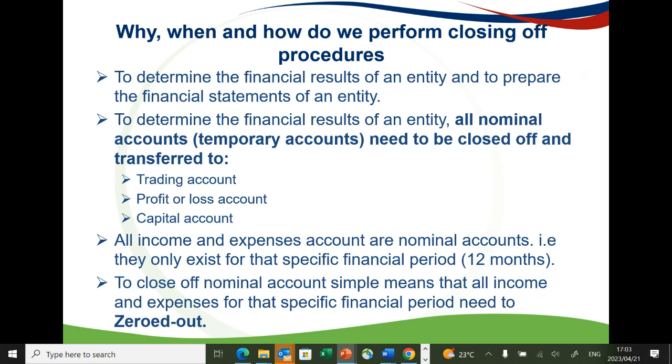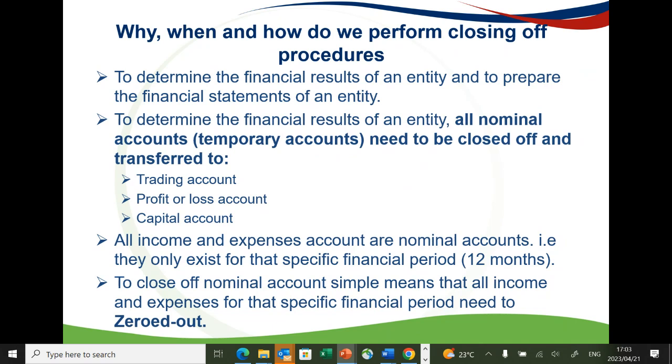So when we do these closing off procedures, closing off these nominal accounts, we are closing off your income and expenses accounts. What we are actually saying in simple terms is zero out those income and expenses accounts for that particular period. For example, in our basic accounting equation, we know that income increases on the credit side and reduces on the debit side.